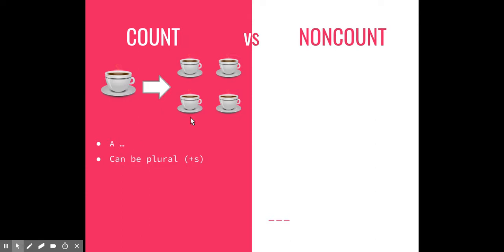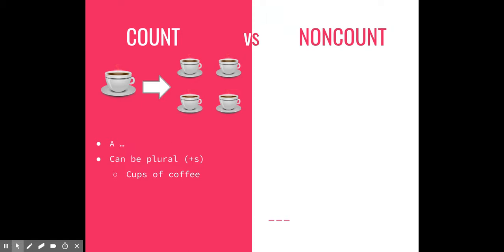Okay. Count nouns can be made plural. Right? You can add S, like cups of coffee. Now remember that some of our nouns have weird plurals, like child, children, right? Mouse, mice. Moose, moose, doesn't change at all, right?